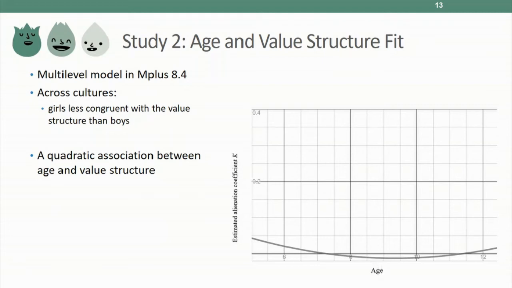Their K alienation coefficient is lower. They are represented well. Older children are better represented by the structure. However, we also found this positive, albeit low, association, and that association basically says that at the later ages, approaching adolescence, children become not as well represented by the structure.